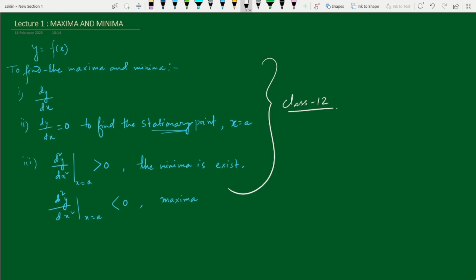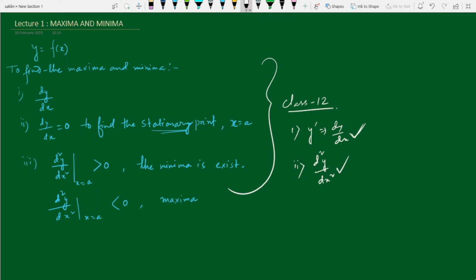Okay, now the question is, our main concept is here: why do we do the first derivative, that means dy by dx, and why do we do the double derivative? Here two questions are arising.